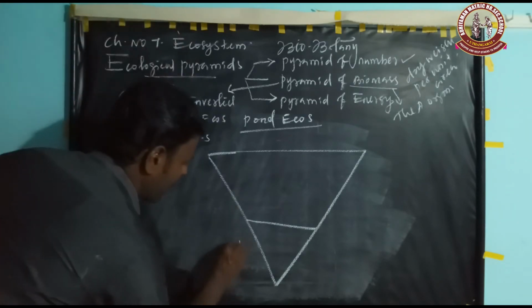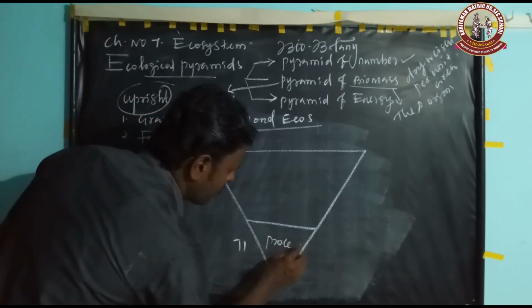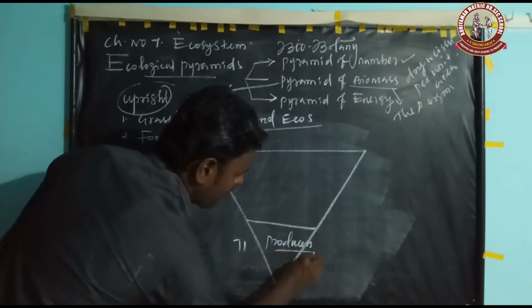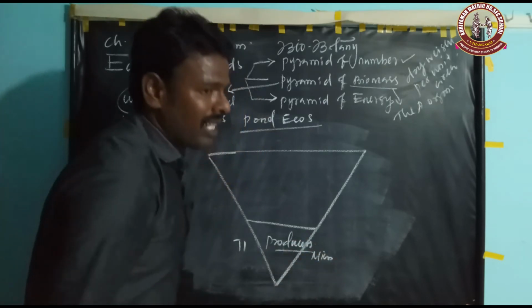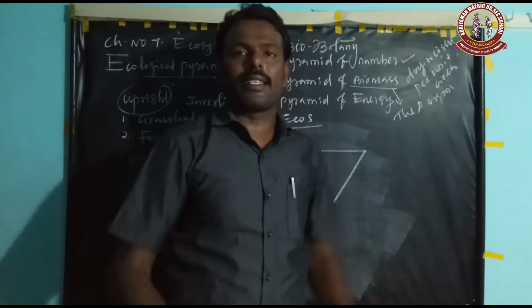That is trophic level 1. Basically, trophic level 1 is producers, like microbes. They are minute particles, but their number is large.